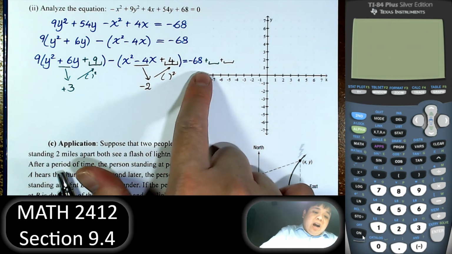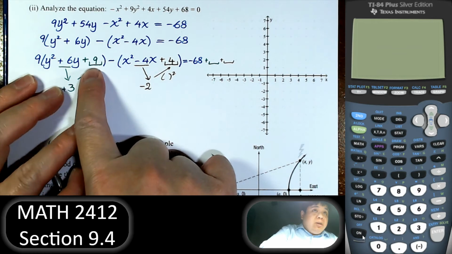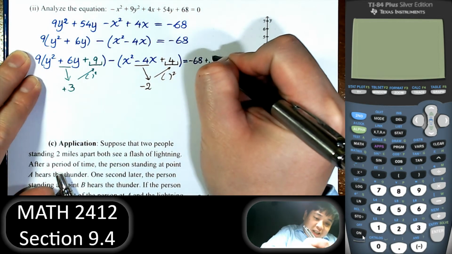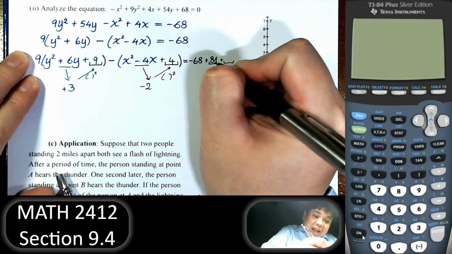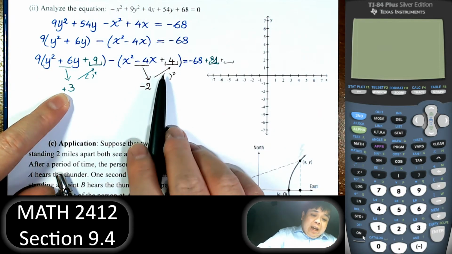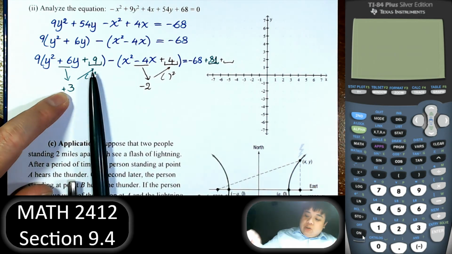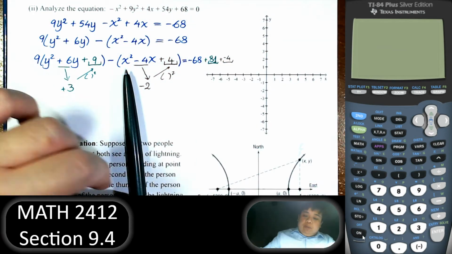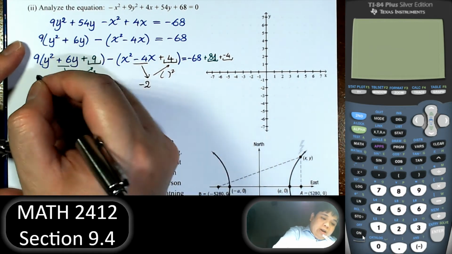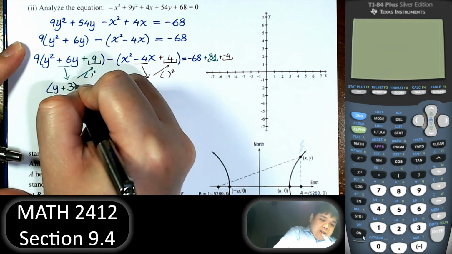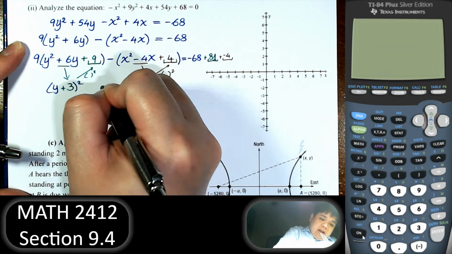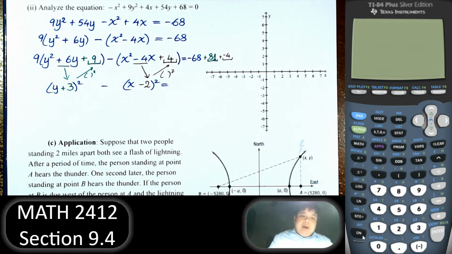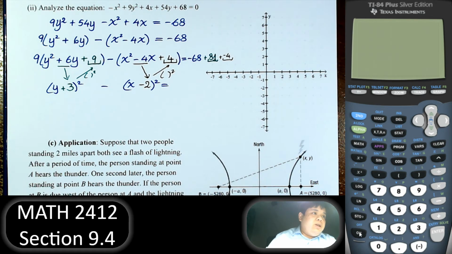We're going to add 9 inside, but this 9 times this 9 is 81, so instead we add 81, and then we add 4 here, but with the minus, so minus 4 on the other side. Now put all of that together, we will have y plus 3 squared minus x minus 2 squared equal to 81 minus 68 minus 4.